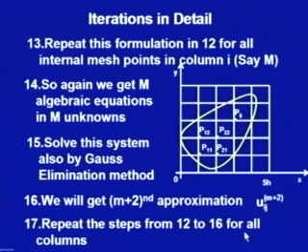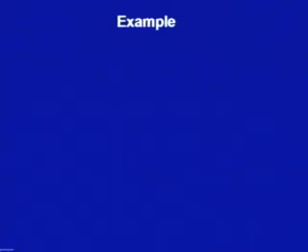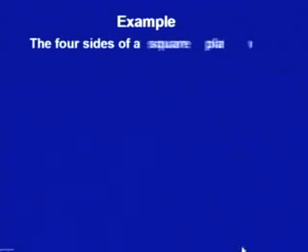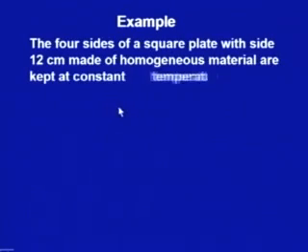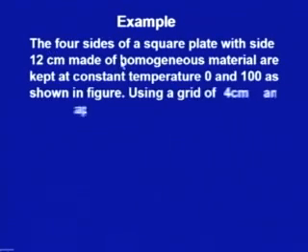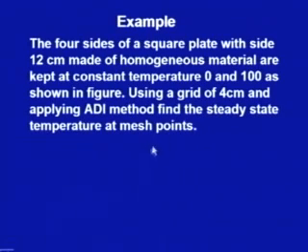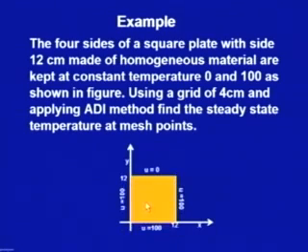Let us do one example using this method, that is the ADI method. We are going to do the same example. The 4 sides of a square plate with side 12 centimeter, made of homogeneous material, are kept at constant temperature 0 and 100 as shown in this figure.